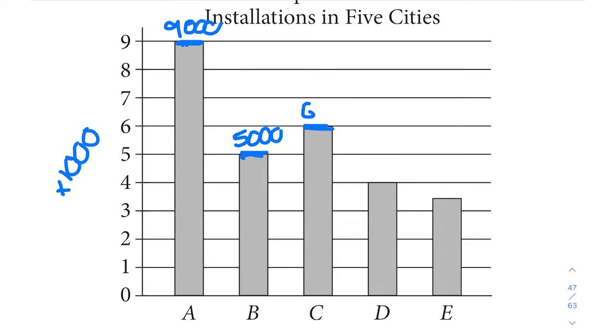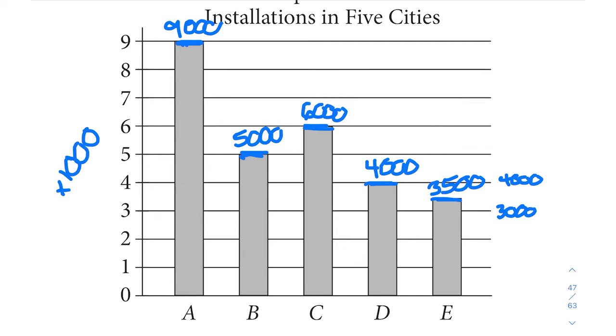This would be 6,000. This would be 4,000. And then this here, it's in between 3 and 4, so about in between 3,000 down here and 4,000 up here. It looks like it's right in the middle. It's hard to tell exactly, but let's ballpark that as 3,500.